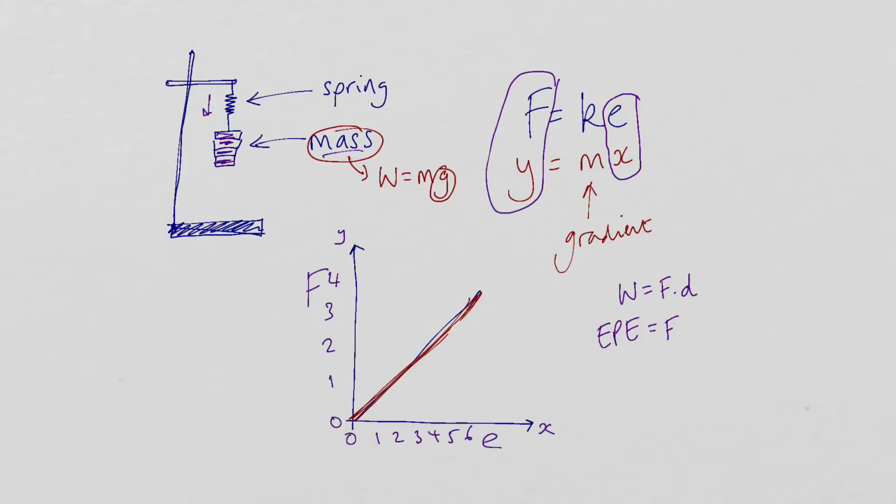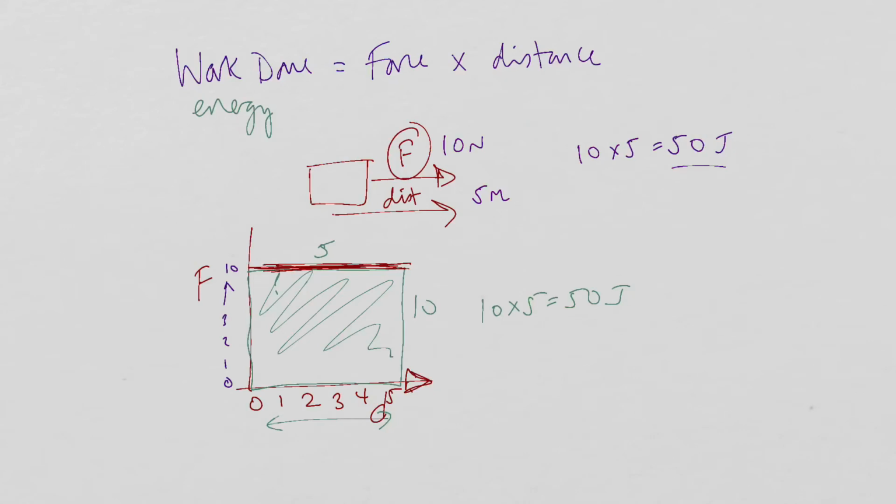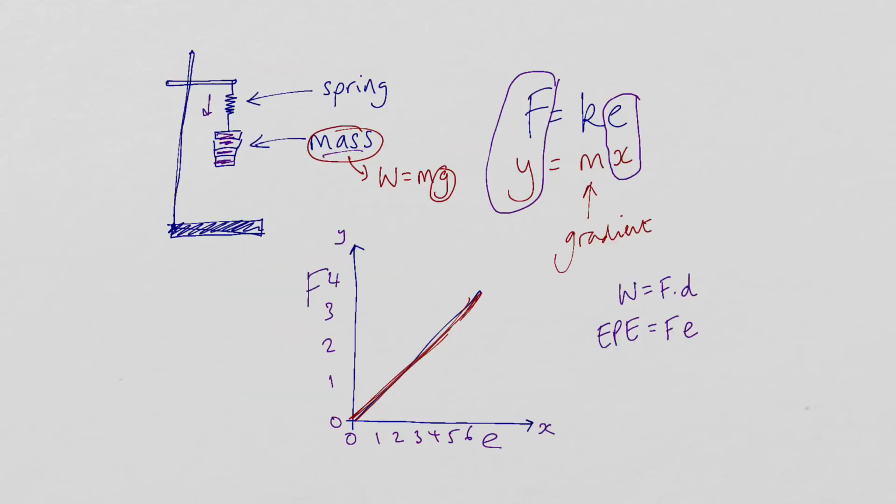But the distance, we don't call it distance when we use a spring, we call it extension. But both are measured in metres or centimetres. So what we can see here is elastic potential energy is force times extension. Apart from, that was for when the graph had a horizontal line.